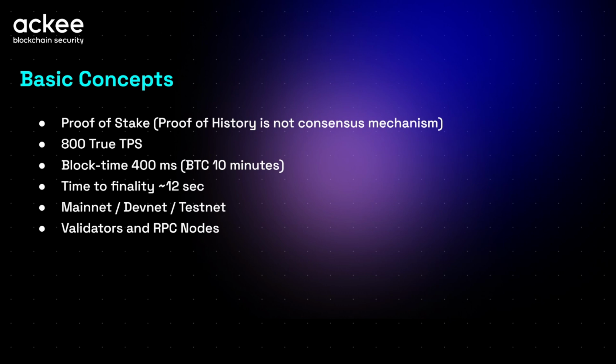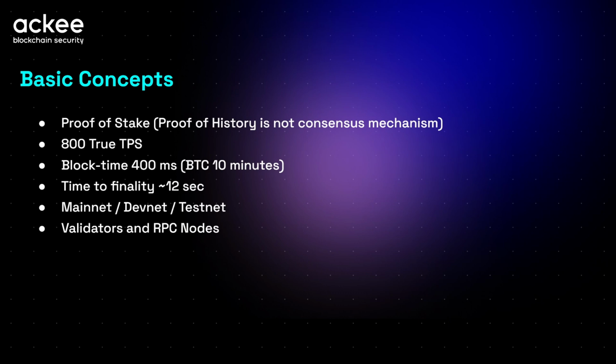Then I have transactions per second. So Solana has 800 true TPS. What does true TPS mean? I would say on Solana, two types of transactions can happen: one type is vote transactions, and the second type is non-vote transactions.